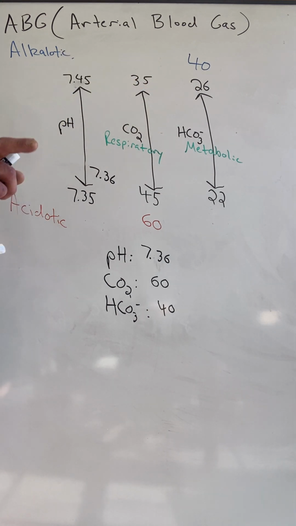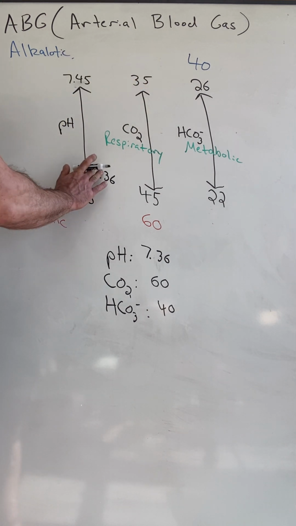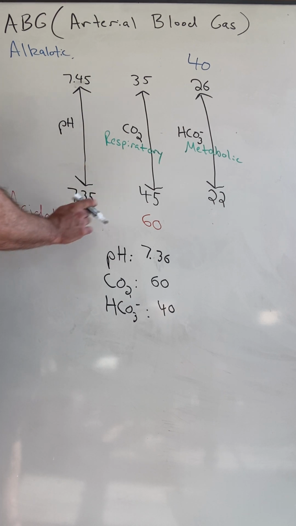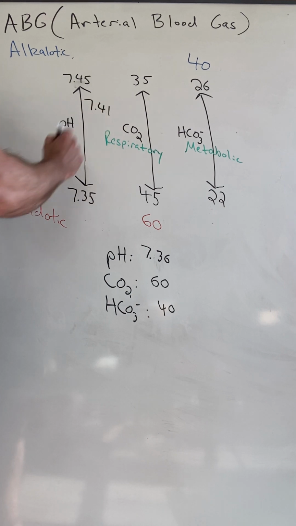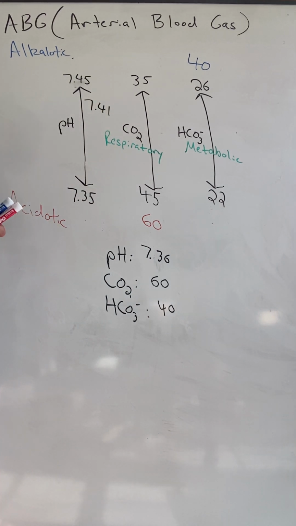Okay? If I make one little change to this problem, I change this pH from 7.36 to, let's say, 7.41. Well, guess what? Now it's on the alkalotic side, okay? So it's not a respiratory acidosis that we overly compensate for. No, that's not how we do these basic problems.